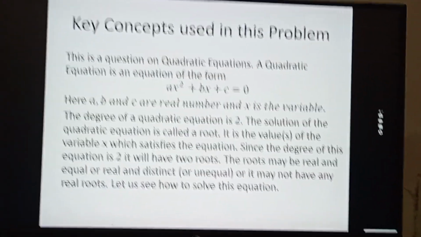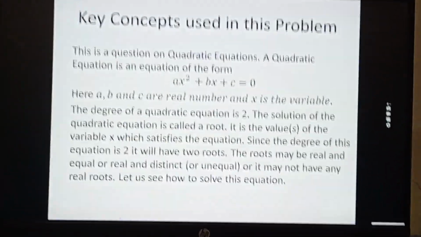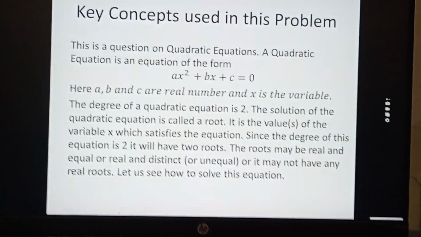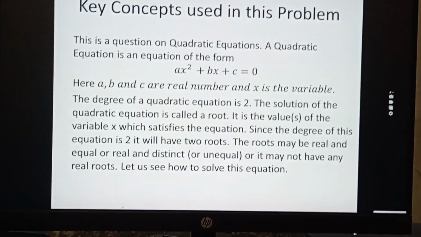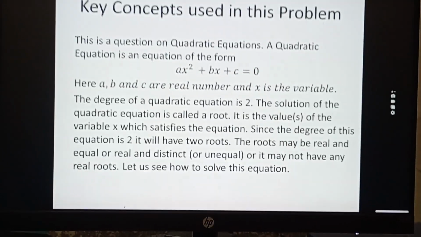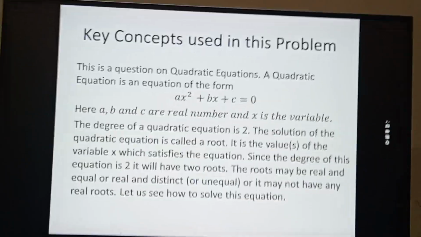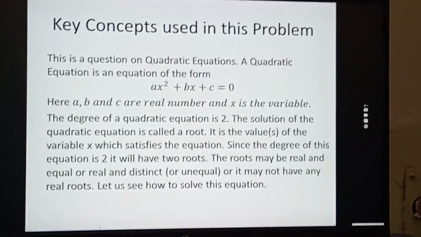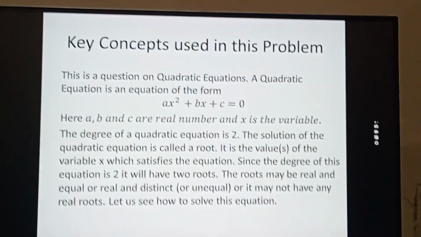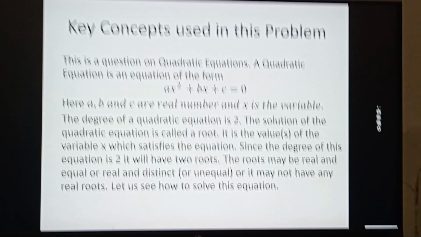Here a, b and c are real numbers and x is the variable. The degree of the quadratic equation is 2. You can see that the highest power, the highest exponent of the variable x, is 2.